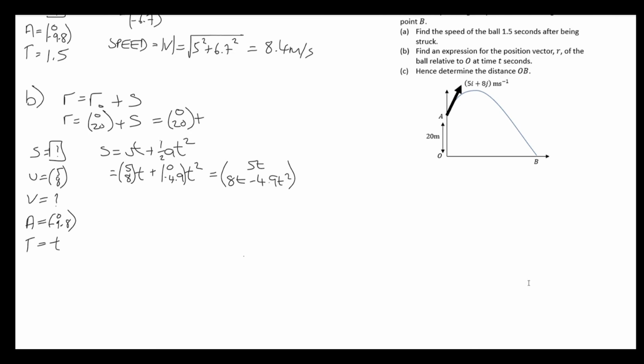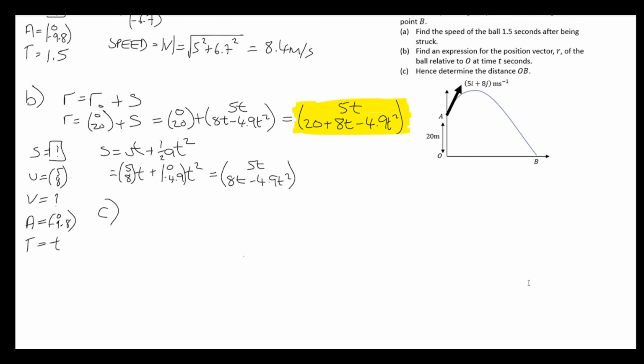So (0, 20) plus that displacement vector. And we can write that nicely. We get 5t for the i component and 20 plus 8t minus 4.9t squared for the j component. This is the position vector. This is exactly where the particle will be located at time t. This measurement is taken from the origin, not from the original projection point, but from the origin.